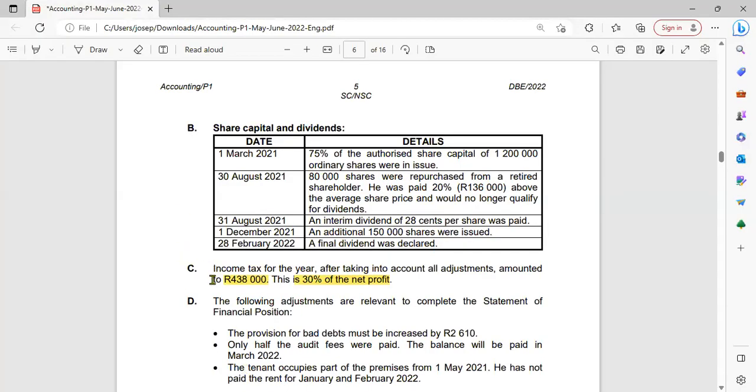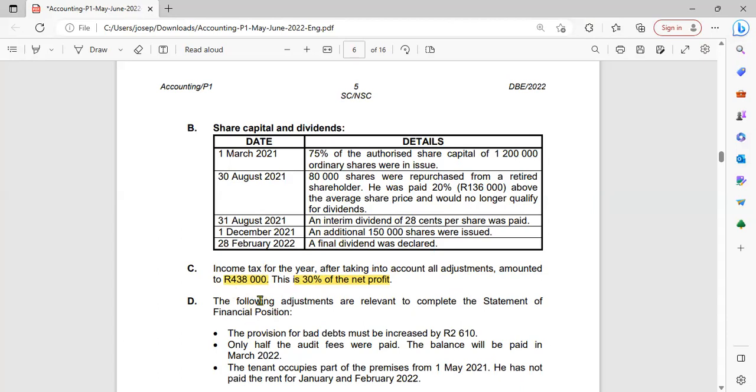So I'm going to go to information C. They say income tax for the year, after taking into account all adjustments, amounted to 438,000, meaning 438,000 is income tax that was charged by SARS.